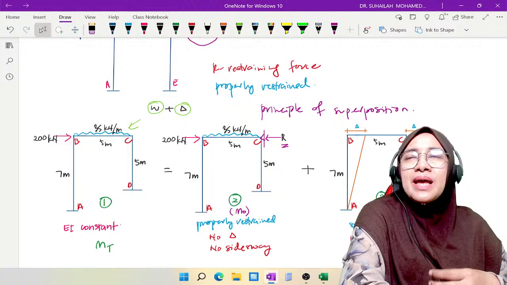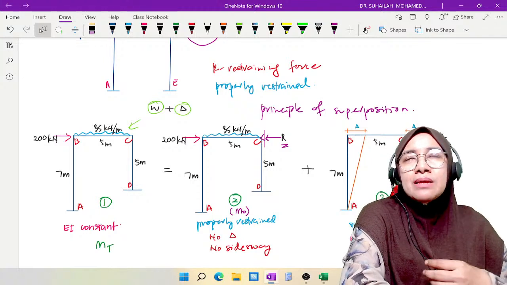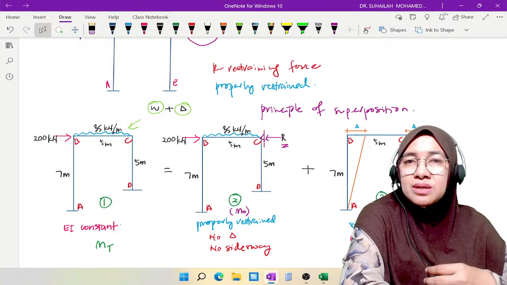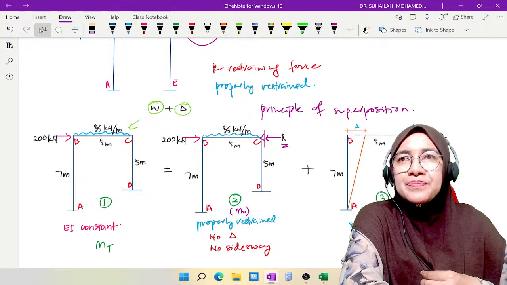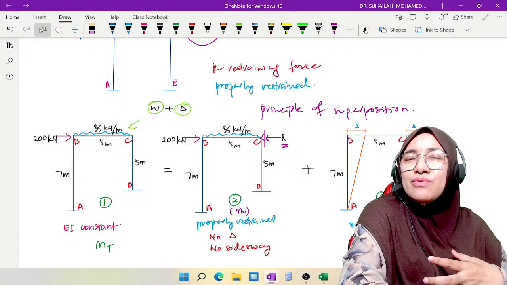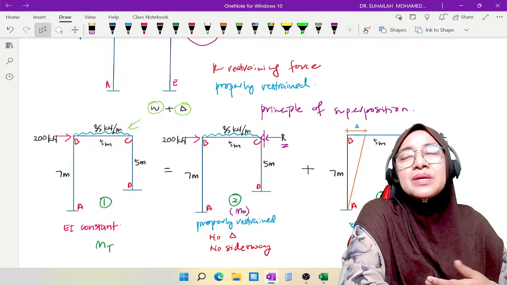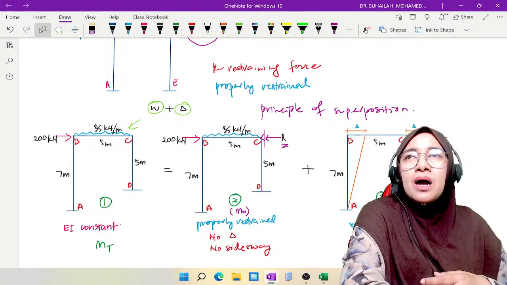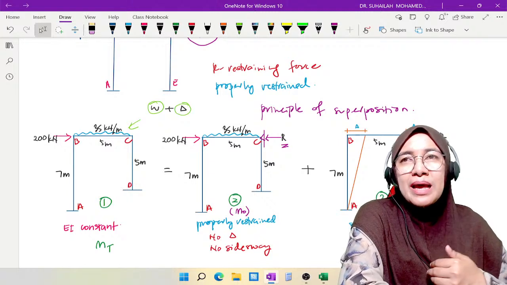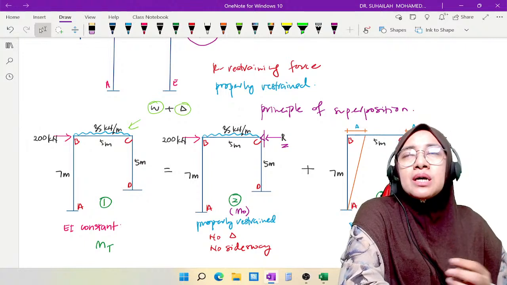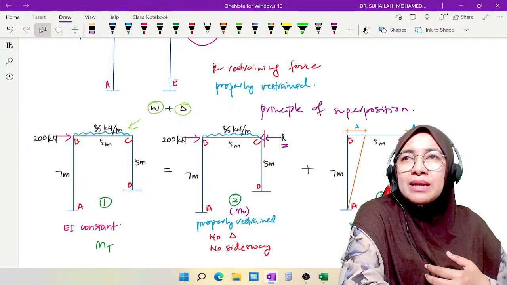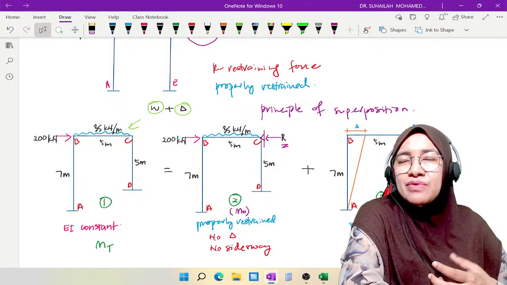That is why, in the final equation to calculate end moment for the frame, we will have a correction factor. Because in the process we have to have a non-side sway frame in order to calculate end moment in the first table, a non-side sway frame.